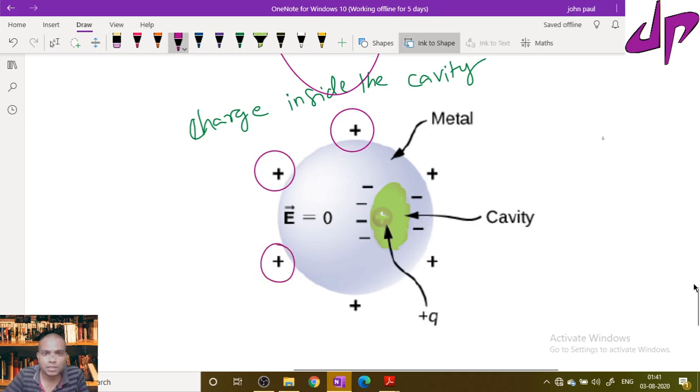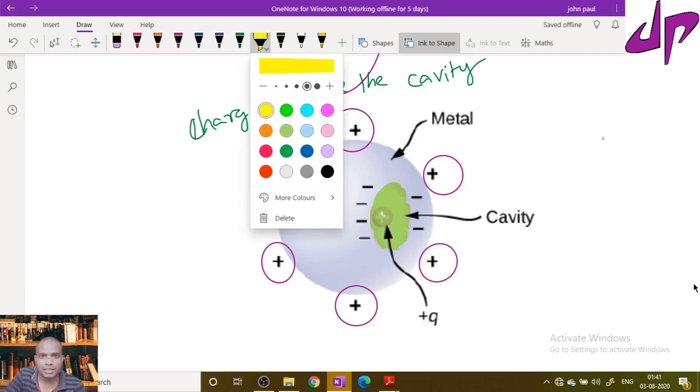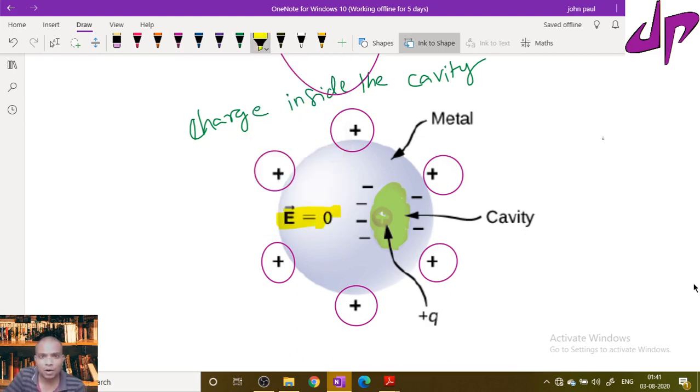Here you can see, when a charge is located within the cavity, the negative charge is accumulated on the inside surface of the cavity and the positive charge is distributed throughout the outside surface. In this case also we are bound to the condition of the electrostatic field within the surface.